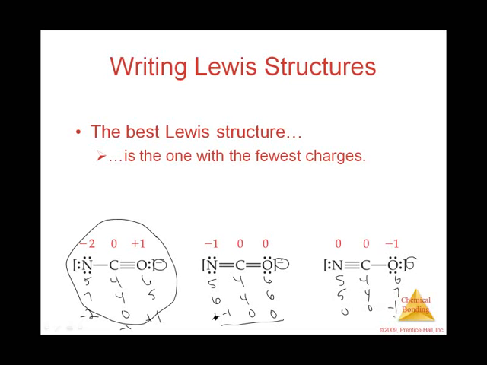If I look at my periodic table, oxygen is more electronegative than nitrogen, and carbon is less electronegative than nitrogen. So you want the most electronegative atom to have the negative charge, and in fact this would be the preferred structure, because you want the oxygen to have a -1. So that's how formal charge works.